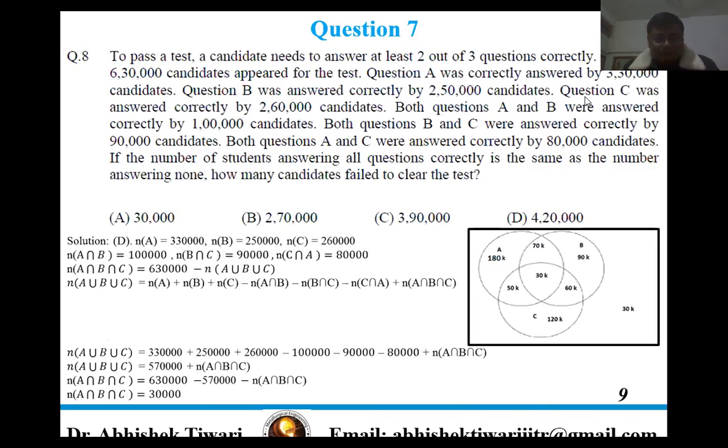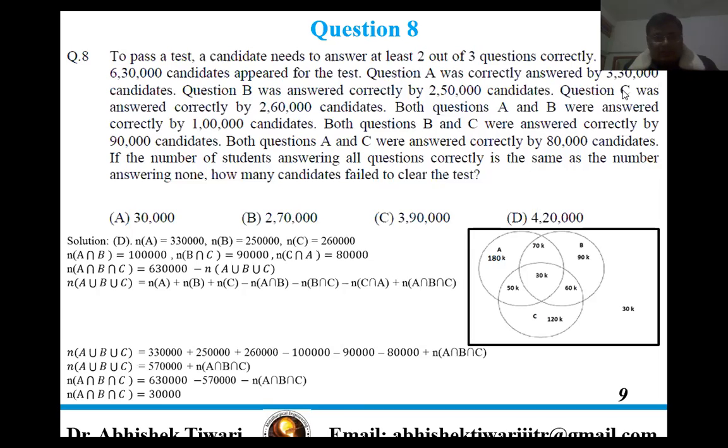Now question number 8. To pass a test, a candidate needs to answer at least 2 out of 3 questions correctly. A total of 6 lakh 30,000 candidates appeared for the test. Question A was correctly answered by 3,30,000 candidates, so n(A) is 3,30,000. Question B was answered correctly by 2,50,000 candidates, so n(B) is 2,50,000.